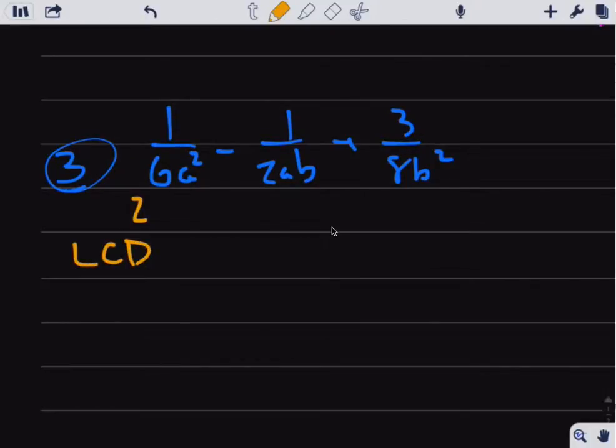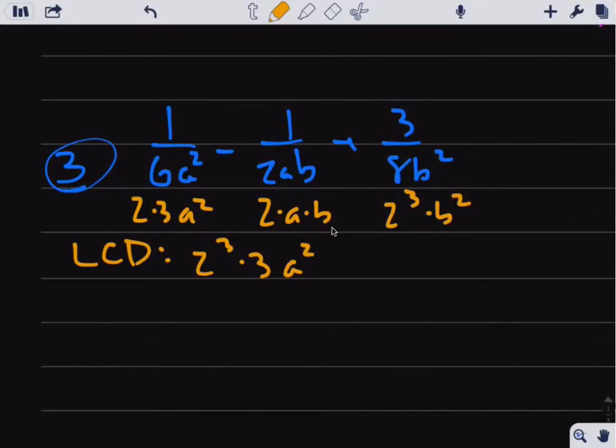So that's 2 times 3 times a squared, it's 2 times a times b, and that's 2 cubed times b squared. So for the LCD, I've got 2 cubed, that's the 2 with the highest exponent. I've got a 3, an a squared and a b squared. And so that gives me 24a squared b squared as my LCD.